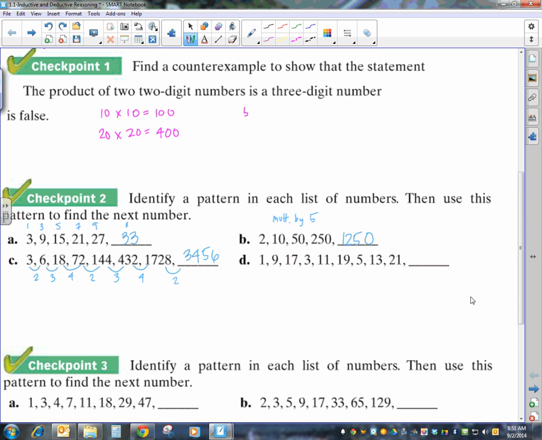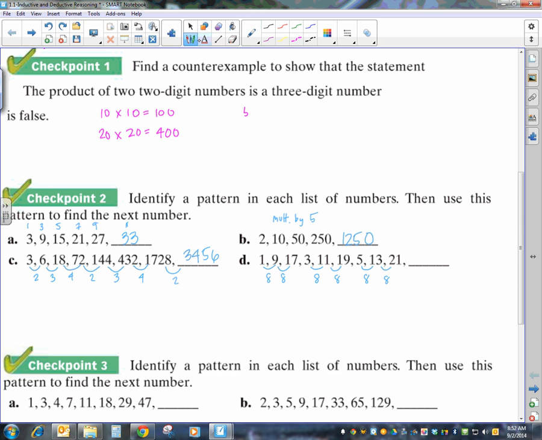Okay, in this next one, we have 1, 9, 17, 3, 11, 19, 5, 13, 21. So I look at those and I say, well, I'm adding 8 and I'm adding 8, and then I'm not adding 8. But then I am adding 8 and I'm adding 8, but I'm not adding 8. But I'm adding 8 and I'm adding 8.